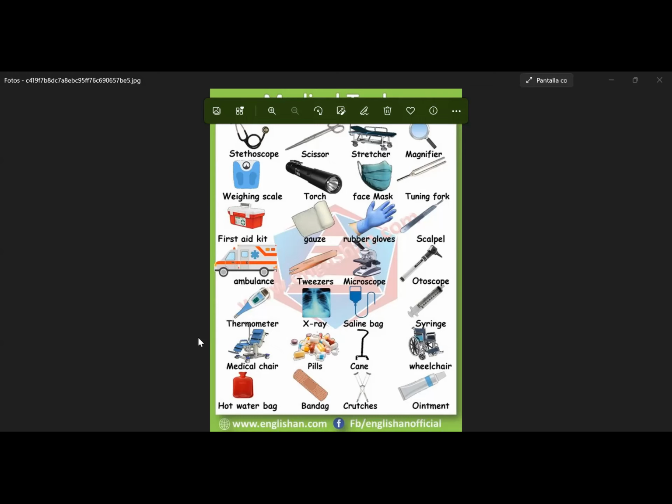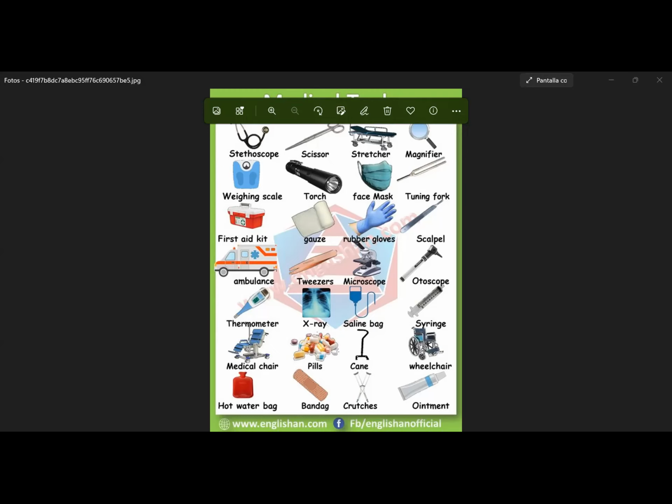And we also use the syringe to extract. You can inject and you can also extract, which is a kind of opposite movement. Fluids, right?